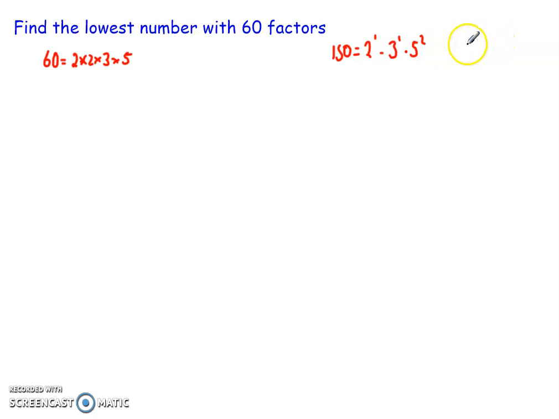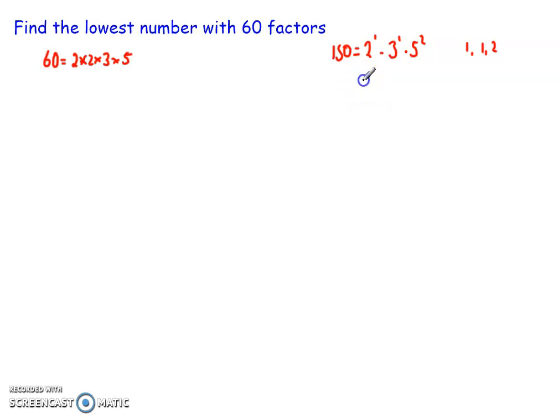Now the powers associated with those are 1, 1 and 2. Now 150, if I wanted to, I could go through it and write down how many factors there are for that number. But there's a quick way of doing it. For each of the powers associated with the primes, if I add 1 onto each of them and then calculate the product, that tells me how many factors that number has.